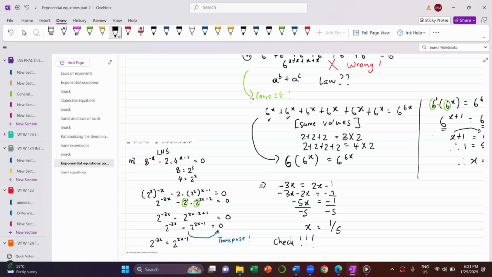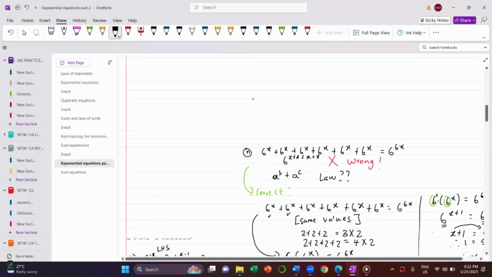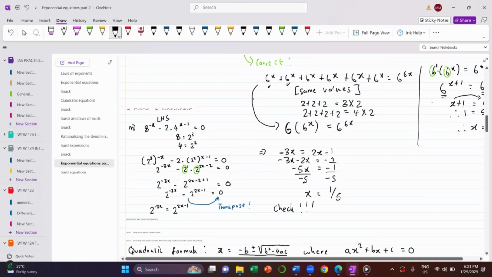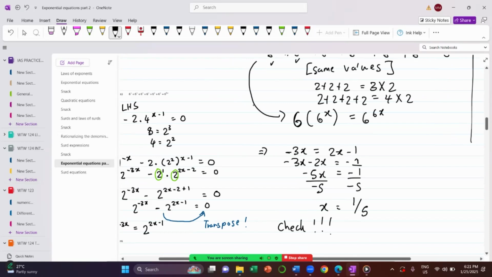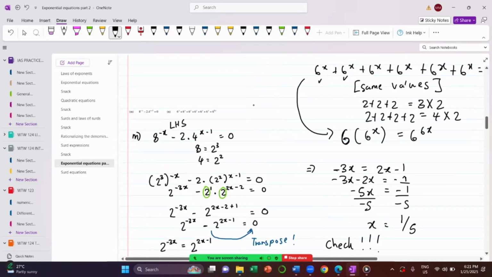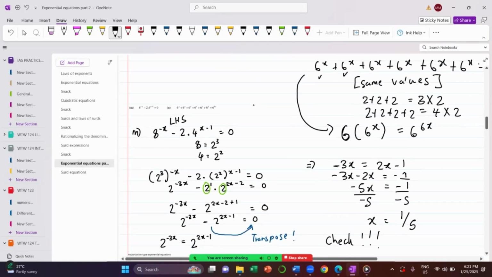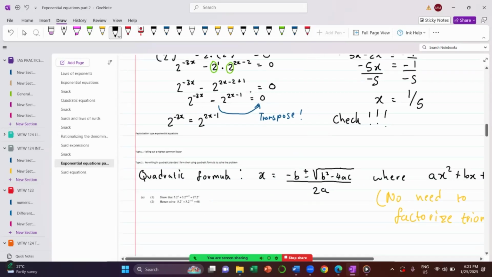So let me just continue. You guys already know this and you understand. Are there any questions related to simple exponential equations? No, sir. So I'm moving on.